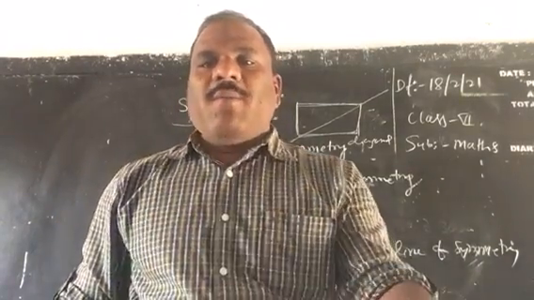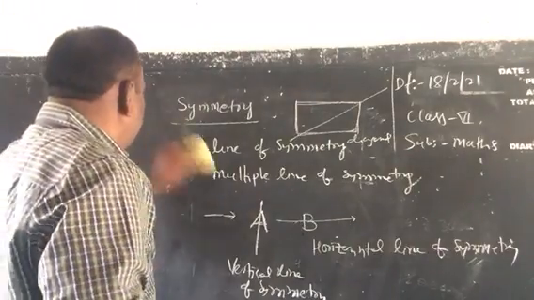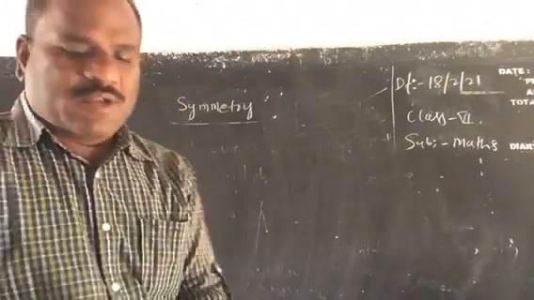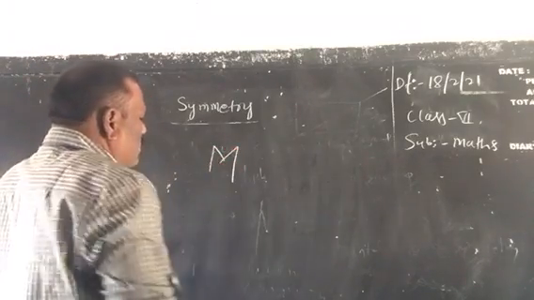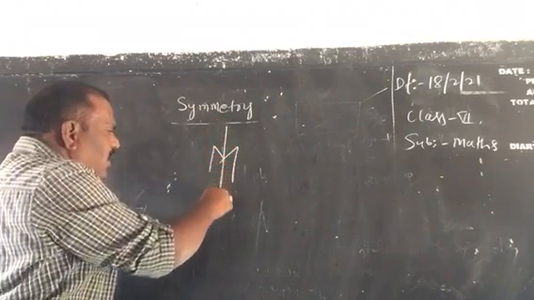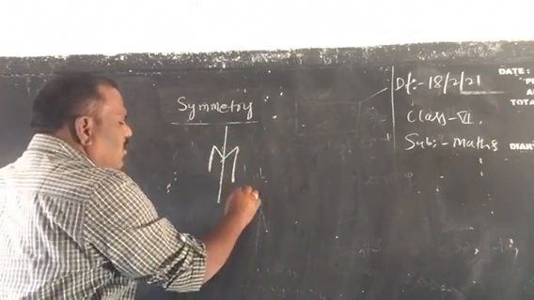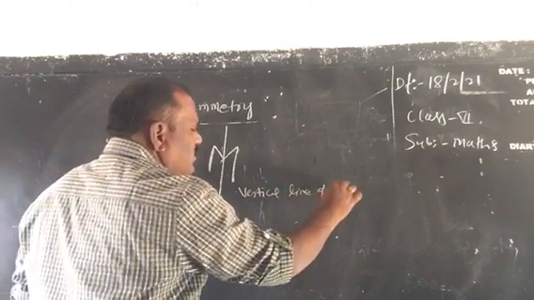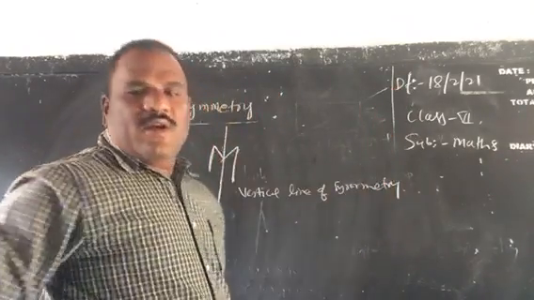For example, take the letter M, children. We can draw a line vertically which divides the M into two equal parts. This is called a vertical line of symmetry.